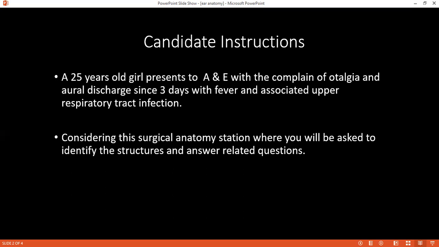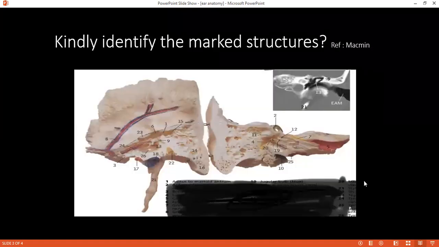Yeah. Okay. The last question: since you can tell me the boundaries of the ear, what are the tumors of the ear that you are aware of? Tumors of the ear.